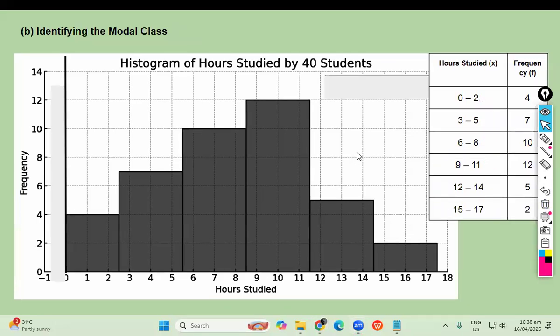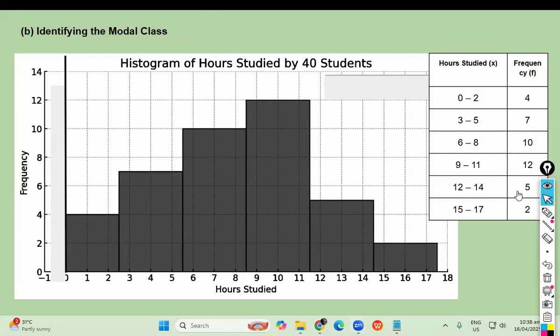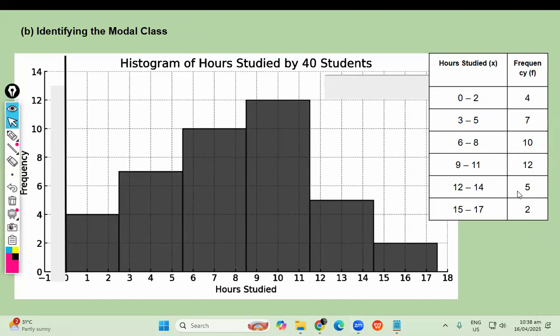Right. The first thing they want us to do, the question did change in part B. They want us to identify the modal class. Now, they're not asking us to use the graph just yet. Modal class just means the category here that has the highest frequency.